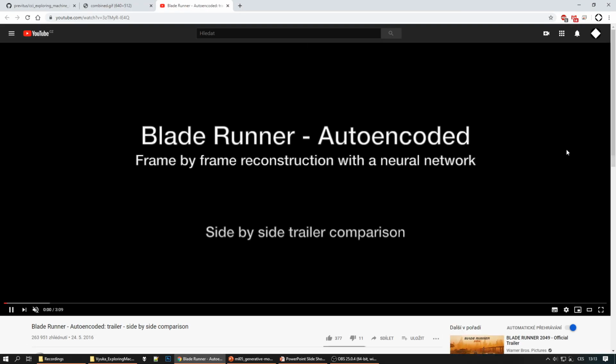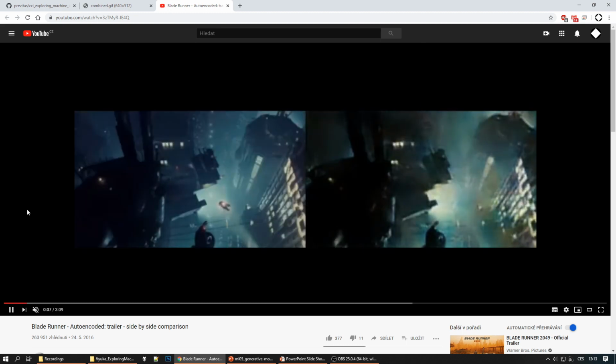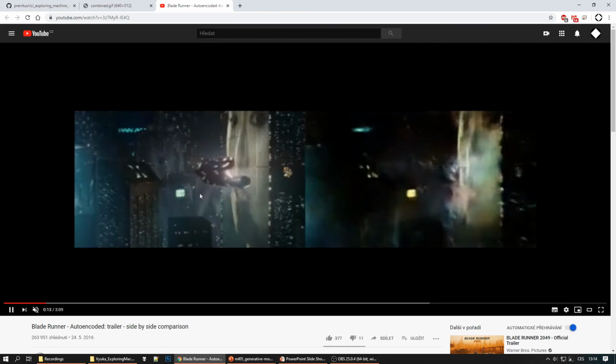The model has been trained on the Blade Runner movie. So the autoencoder is trained to reconstruct images frame by frame from the scenes of the film, and it's doing quite a good job actually.